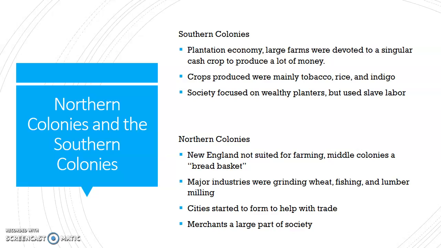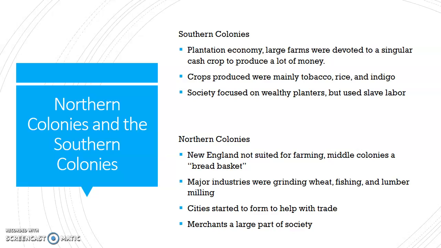As compared to the northern colonies, and here I'll start in the north, basically Pennsylvania and Delaware, and going up north more. New England, as some of us found out, is not very well suited to farming, very rocky soil, long winters. The middle colonies were considered a breadbasket of sorts, so they were able to grow crops. But what we see in these northern colonies more are larger centers for manufacturing, cities, as compared to the south.